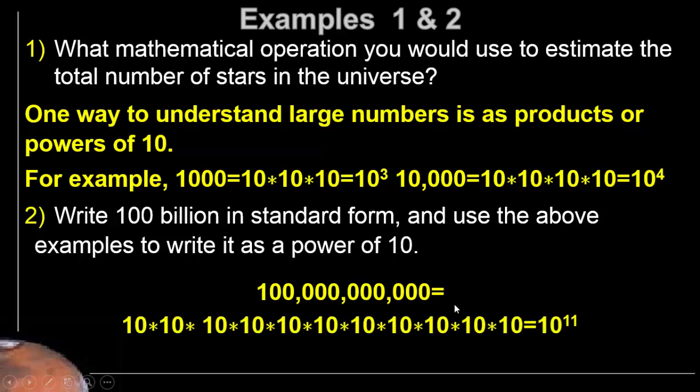So that means we would have to multiply 11 tens: 10 times 10 times 10 times 10 times 10 times 10 times 10 times 10 times 10 times 10 times 10, which would be 10 to the 11th.